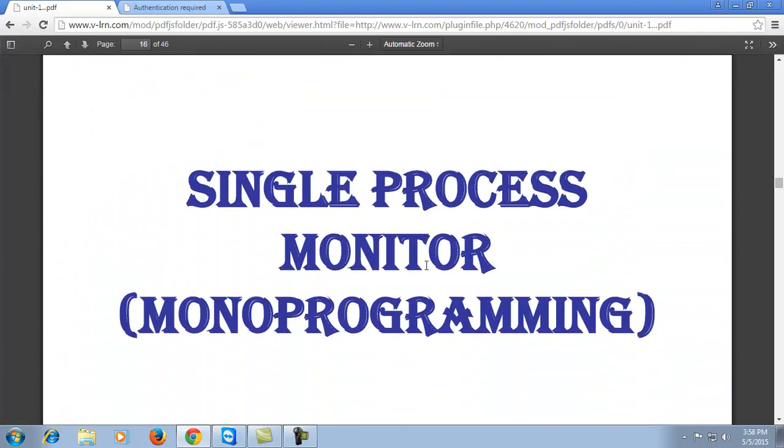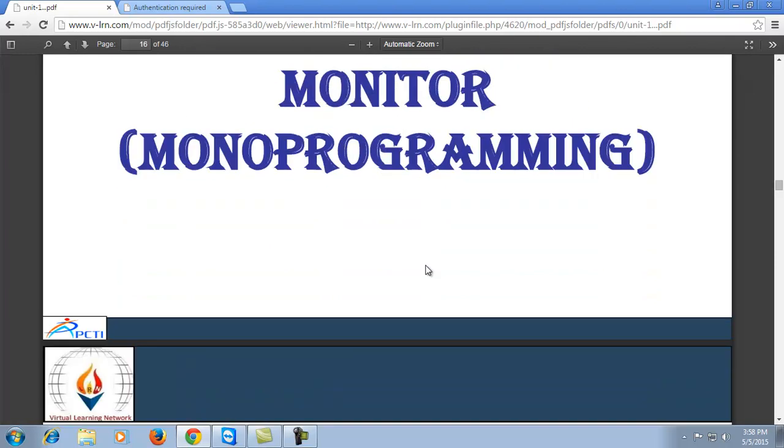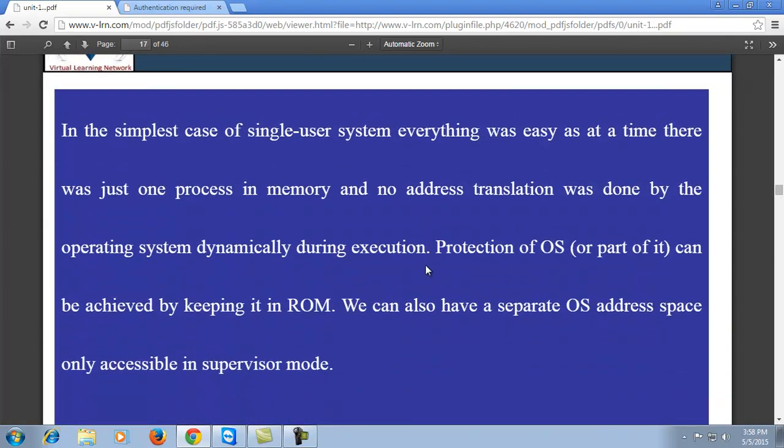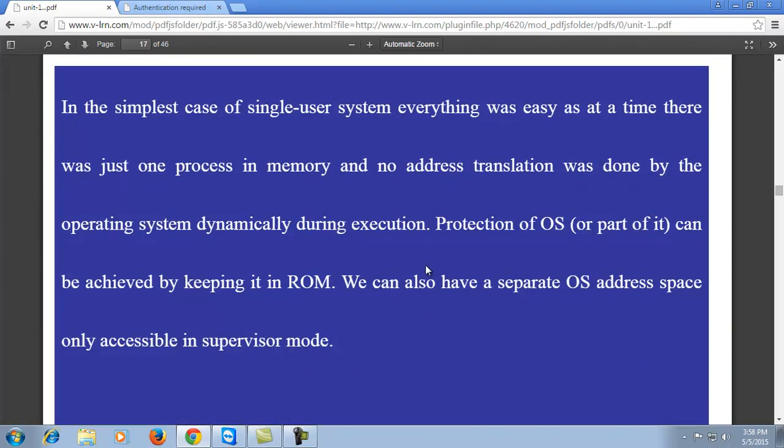The next topic is single process monitor, monoprogramming. In the simplest case of a single user system, everything was easy, as at a time there was just one process in memory and no address translation was done by the operating system dynamically during execution.